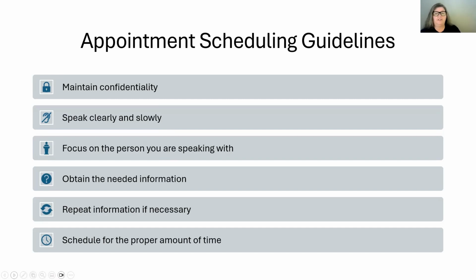Needed information obviously would be the patient's name, their date of birth, and then here's where it varies a little bit. We absolutely want to find out what type of insurance they have if they're using insurance. We don't necessarily always need to get all that information immediately. Anymore, there's a lot of electronic means that we can gather information from our patients.